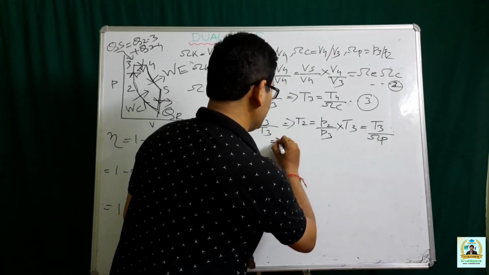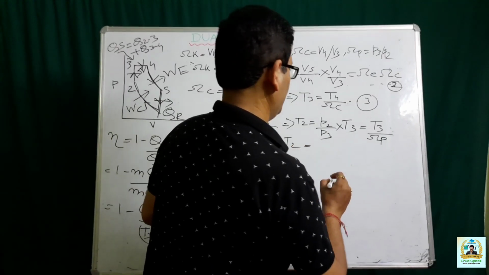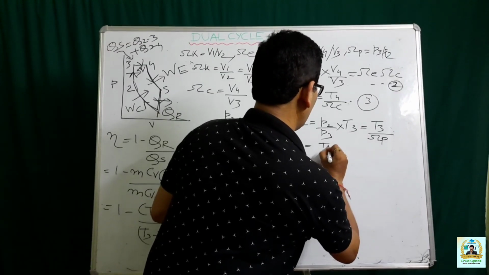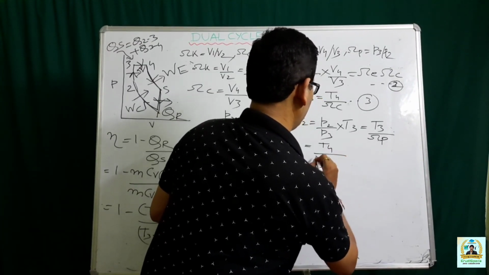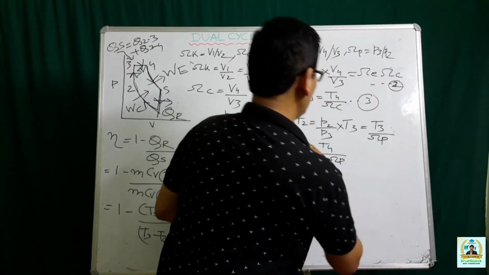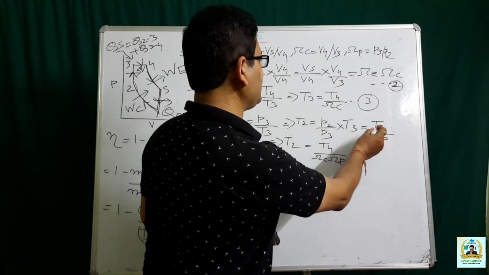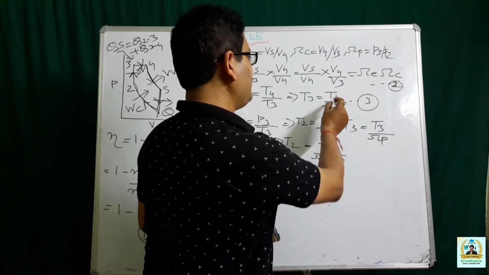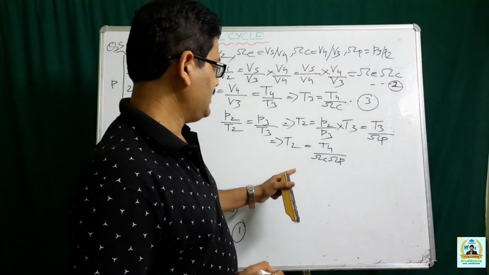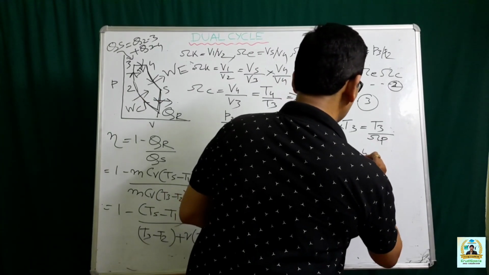So this implies T2 is equal to T4 by RC into RP. So what we have done, we have simply substituted T3 by T4 by RC. So T2 is now expressed in terms of T4. Let this be equation 4.